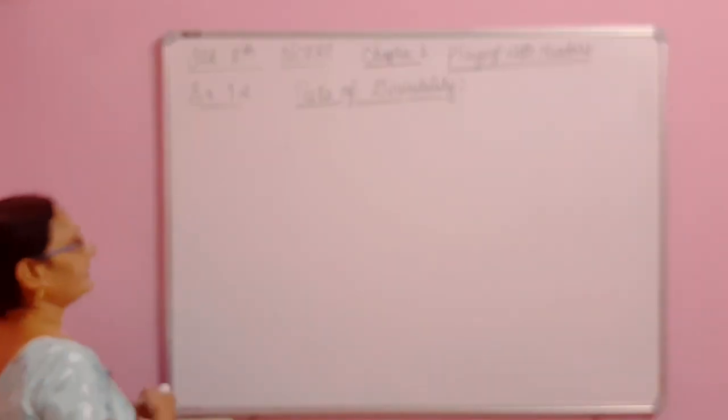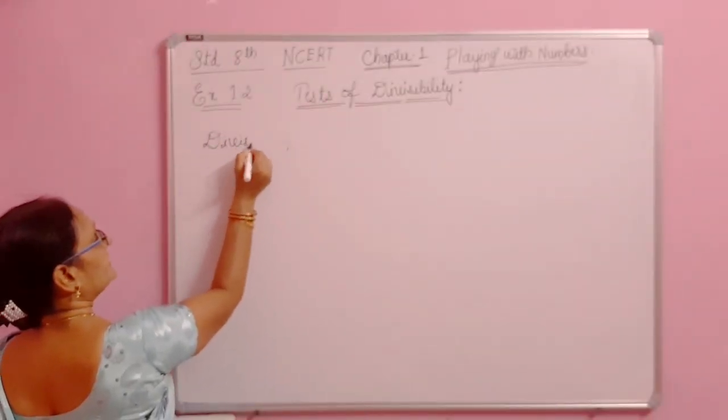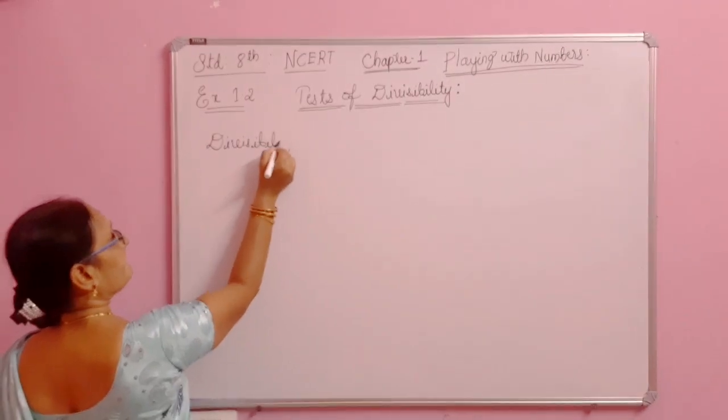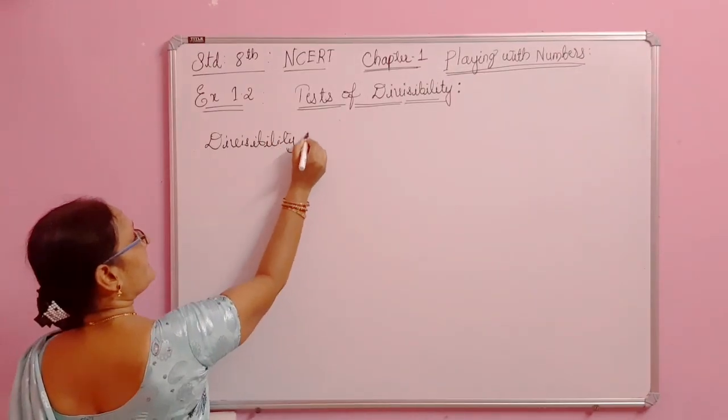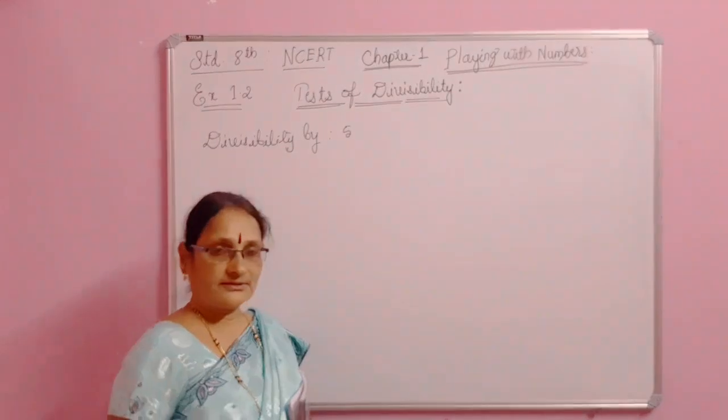The next test we will see is divisibility by 5. That is very easy. See how to test the given numbers whether they are divisible by 5.